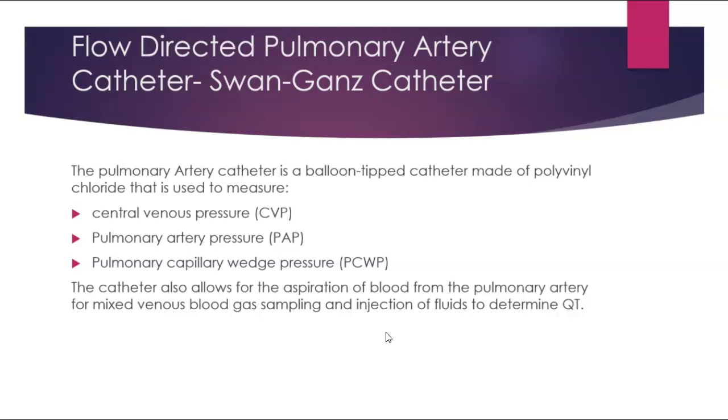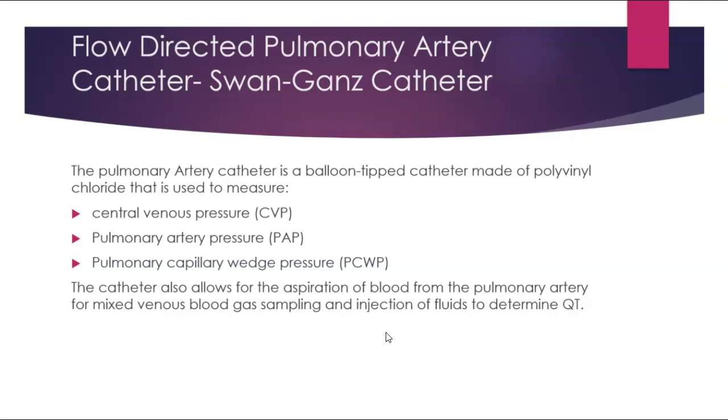It's a balloon tip catheter that we put in, either subclavian is a typical place for this, or they might put it in the jugular vein. It also could be placed in the femoral veins, the basilic veins or brachial veins, which are in your upper arm. Those are the common insertion sites.